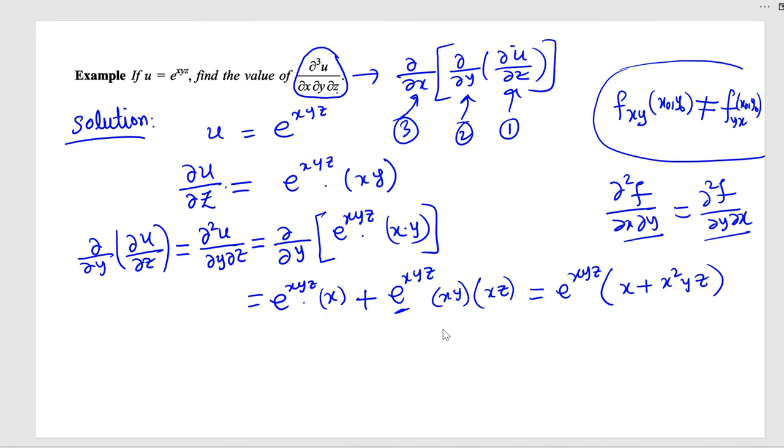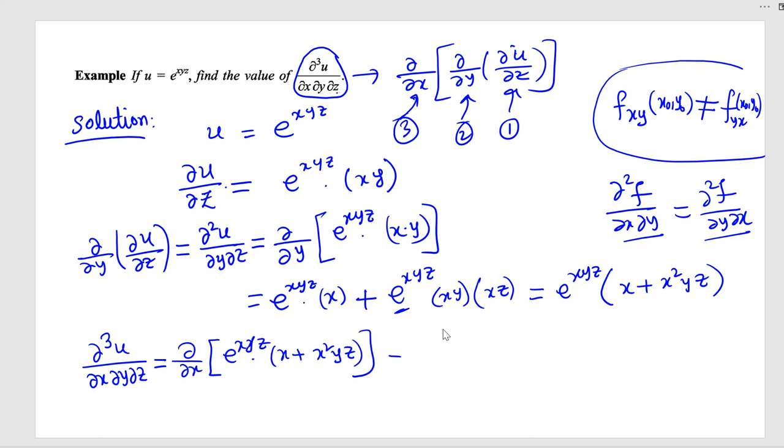So finally, if you do the last part, then del 3 u by del x del y del z. This is again, del with respect to x of xyz, x plus x square yz, and try to verify.